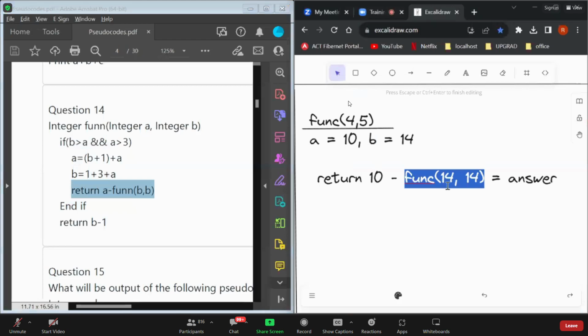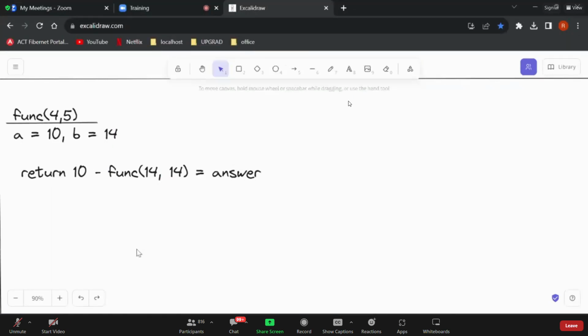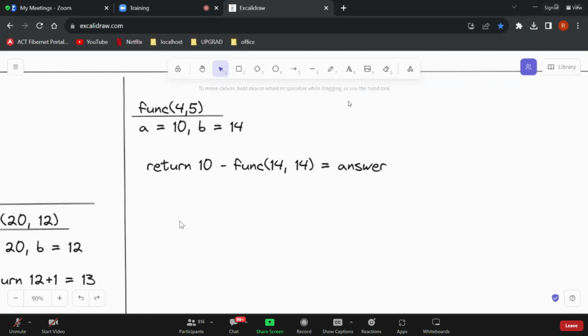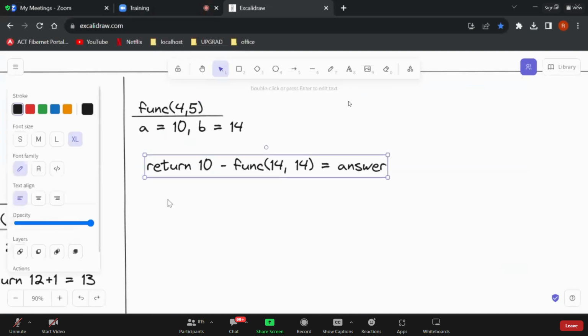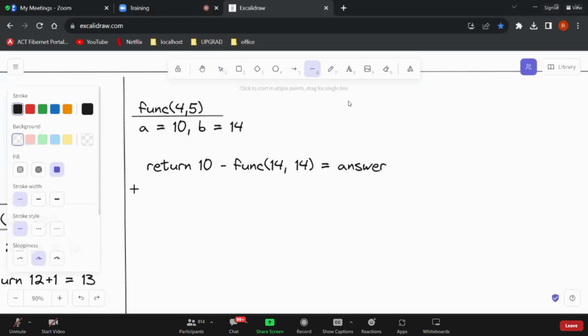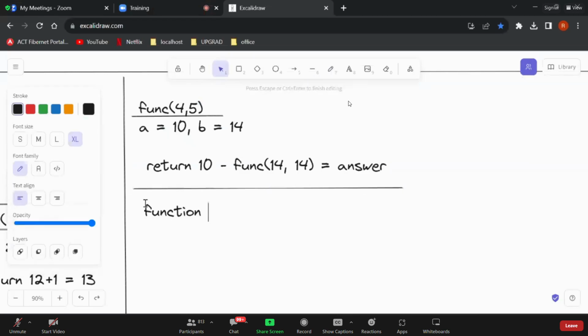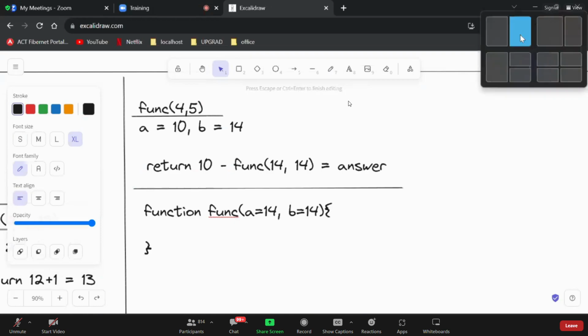So what you do is you calculate what is the value for function of 14 comma 14. Draw a line. You again call the function. So here a equal to 14, b is also equal to 14. Now you calculate what the value will be.